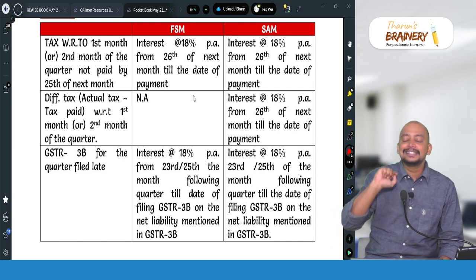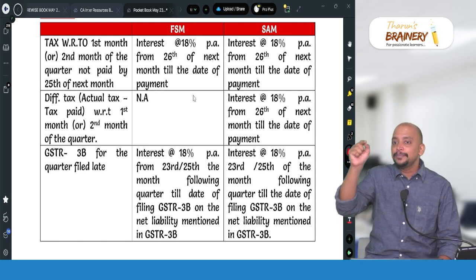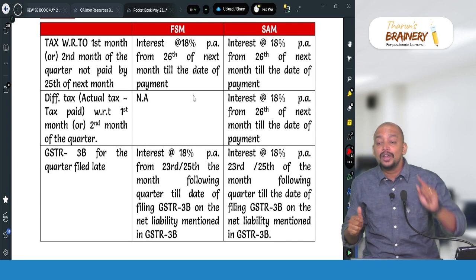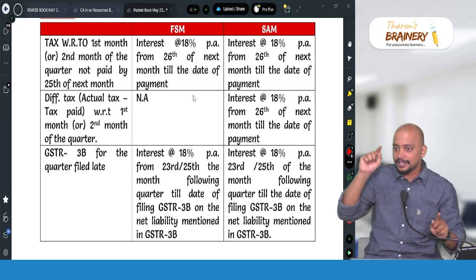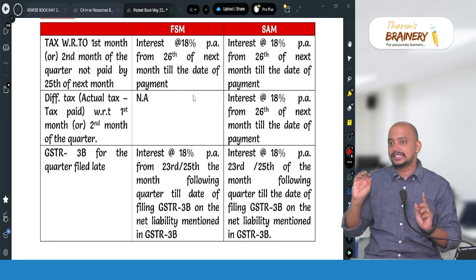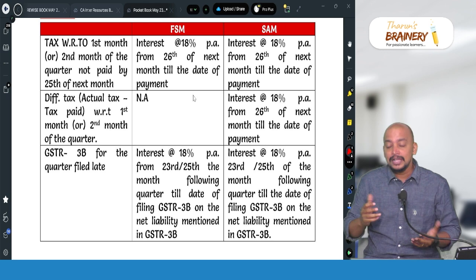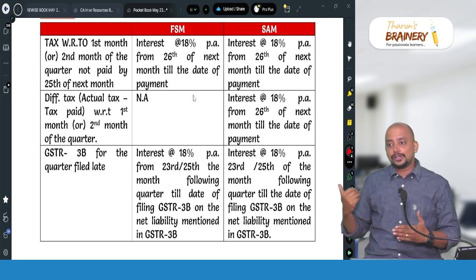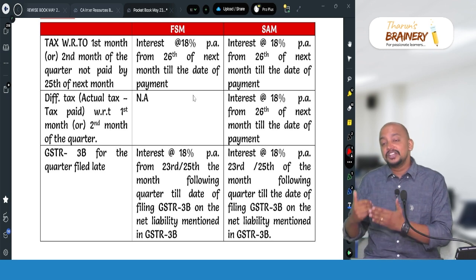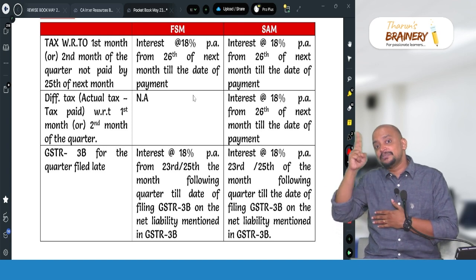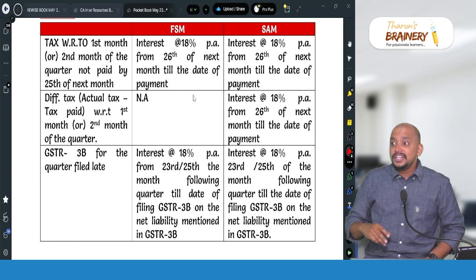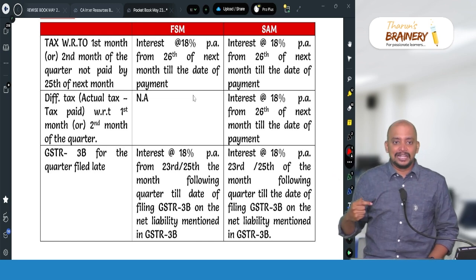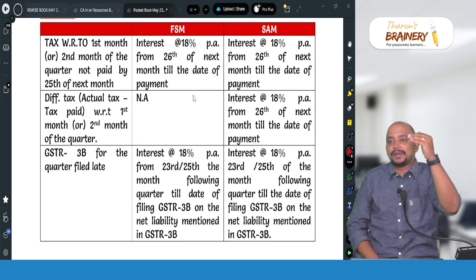For that, interest needs to be computed at 18% per annum on 35,000 rupees: 35,000 into 18% into 6 divided by 365. Clear? The same way, for the second month also we need to compute if there is a delay in payment of the tax liability. Understood?